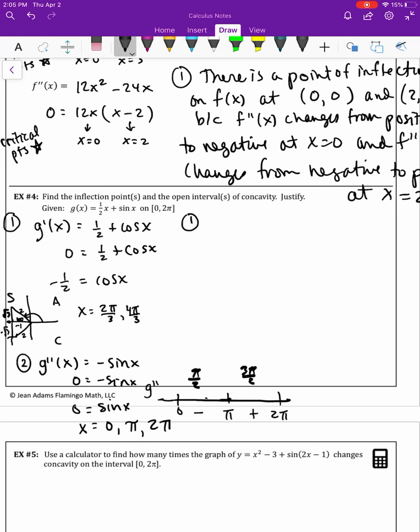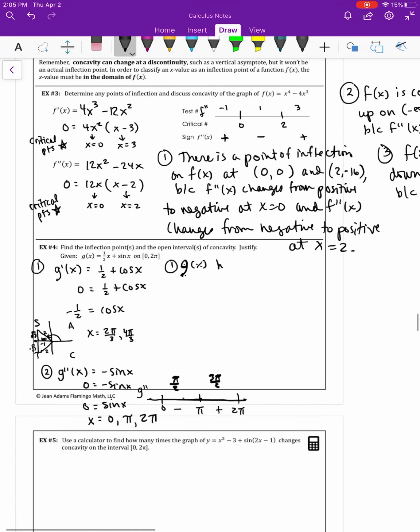So for my second derivative, between 0 and pi is going to be negative, between pi and 2 pi is going to be positive. So now you can see that at pi, you're going to have a point of inflection. So you're going to say g of x has a point of inflection at pi, comma.